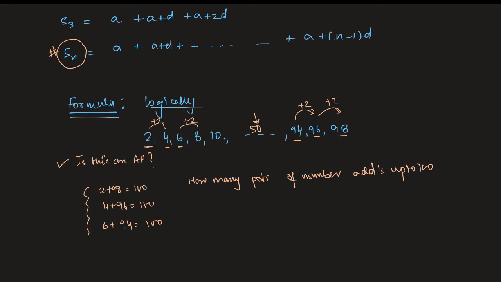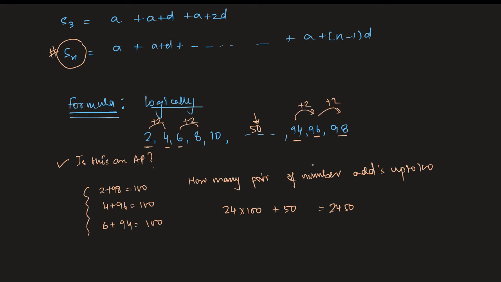So before 50 you get all the numbers which add up to 100. How many pairs are we getting here? 24 pairs of 100 plus 50. So this will give us 2400 plus 50, which is 2450. This would be the sum of all the numbers.